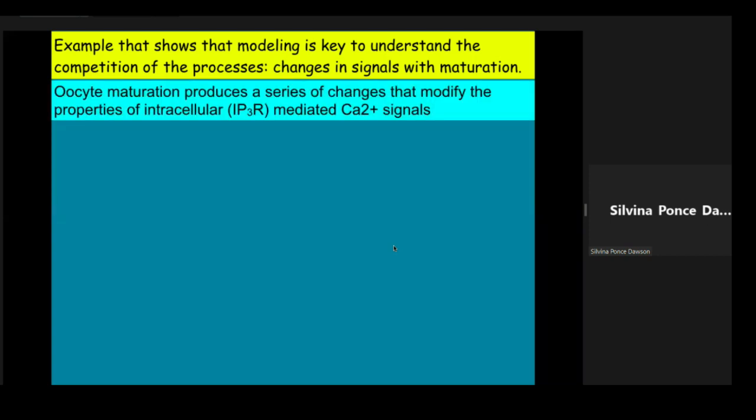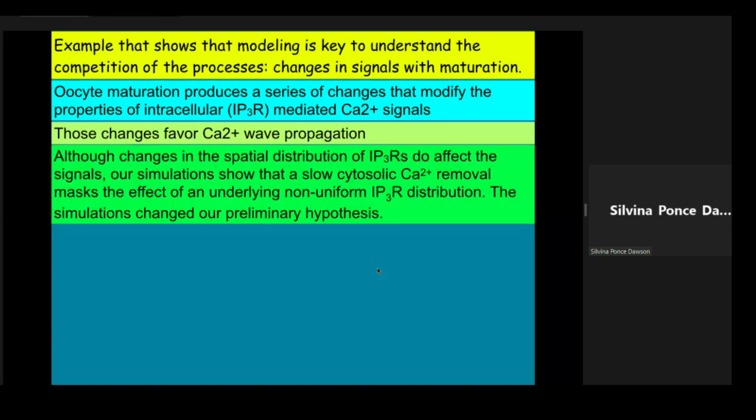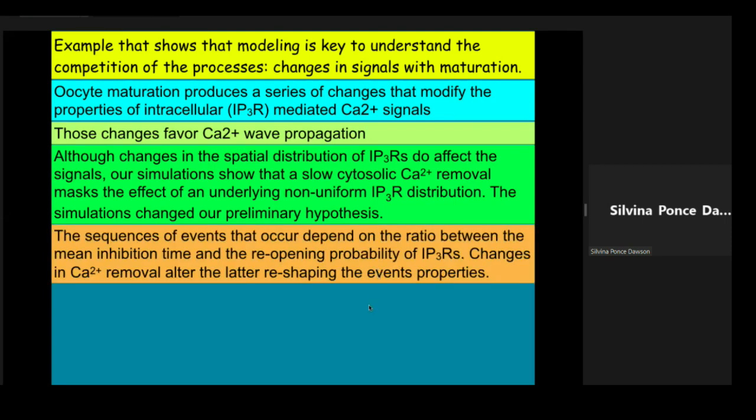But through the experiments and the model, what we saw was that the most important aspect was calcium removal. If calcium is not removed fast enough, so that you keep some concentration of calcium that couples the clusters, then you can couple more efficiently because you already have some calcium that helps you propagate the wave and have this calcium-induced calcium release.